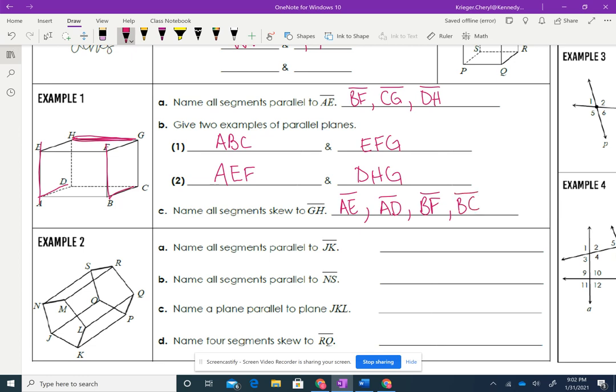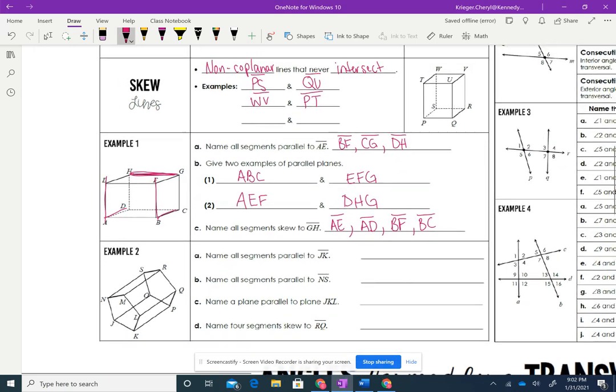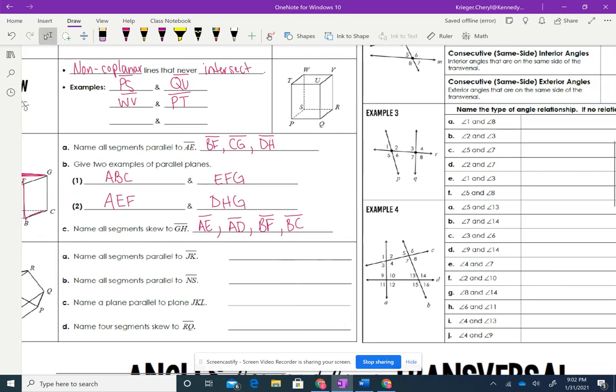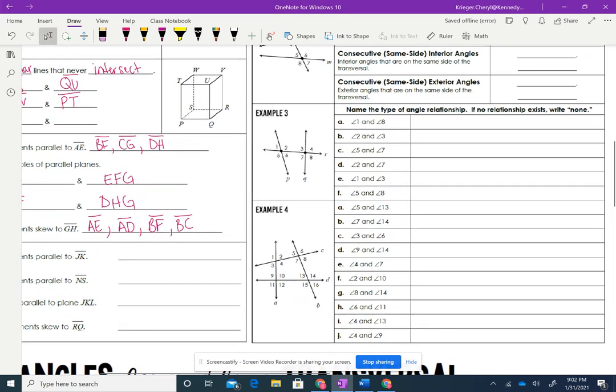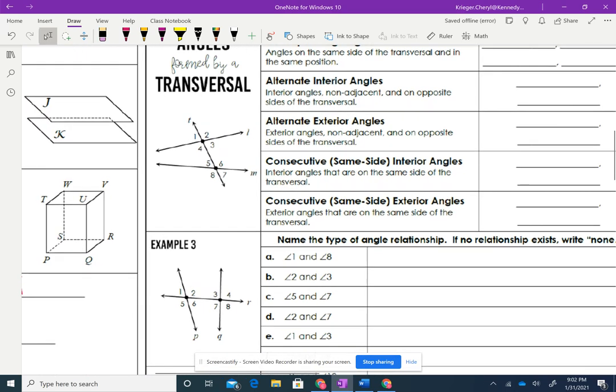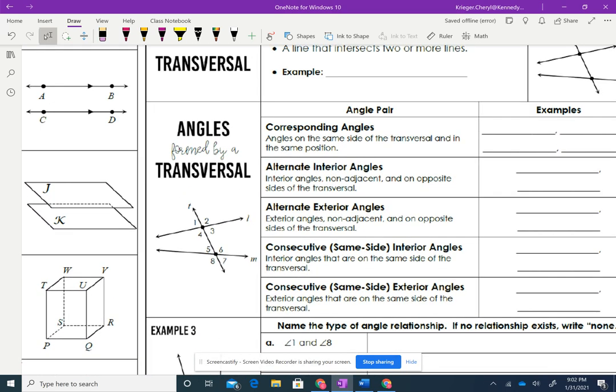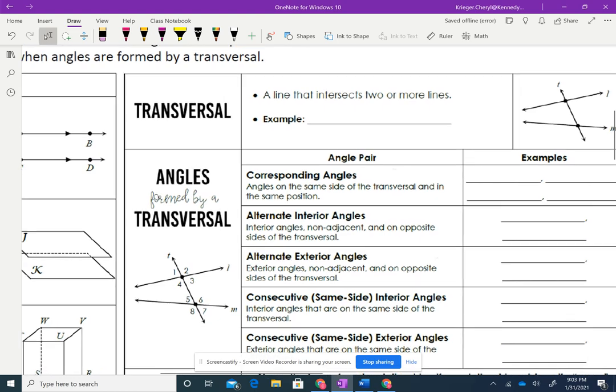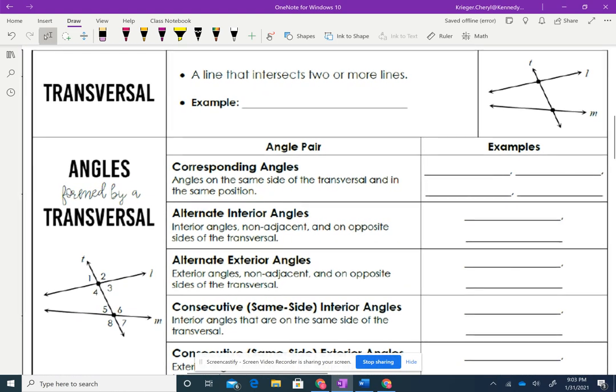Okay. So I'll leave you guys example 2, and we'll come over here and talk about transversals. So what is a transversal? A transversal is a line that intersects 2 or more lines.